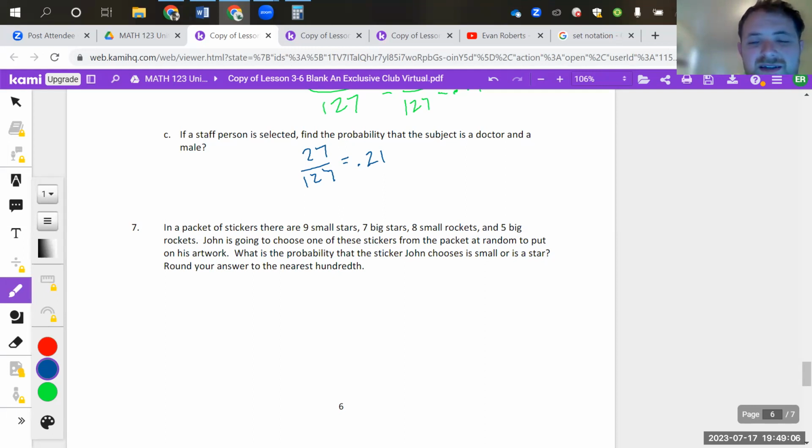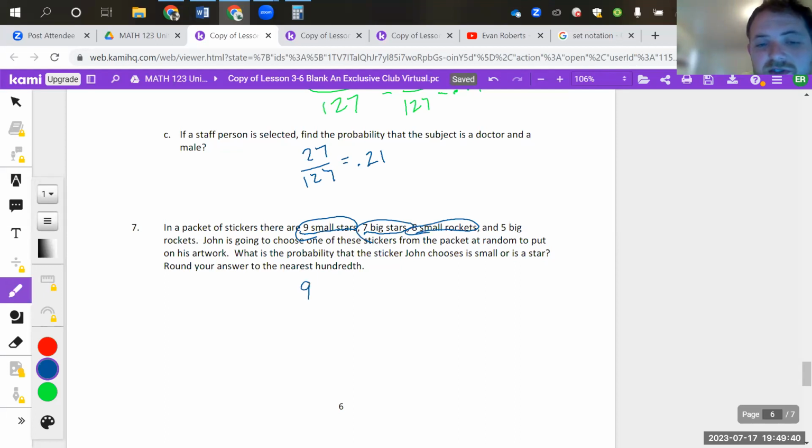So for me, if it's small, you can think about it logically as if it's small or a star, there's 9 small stars, there's 7 big stars, and then there's 8 small rockets. So the only thing not included is the 5 big rockets.